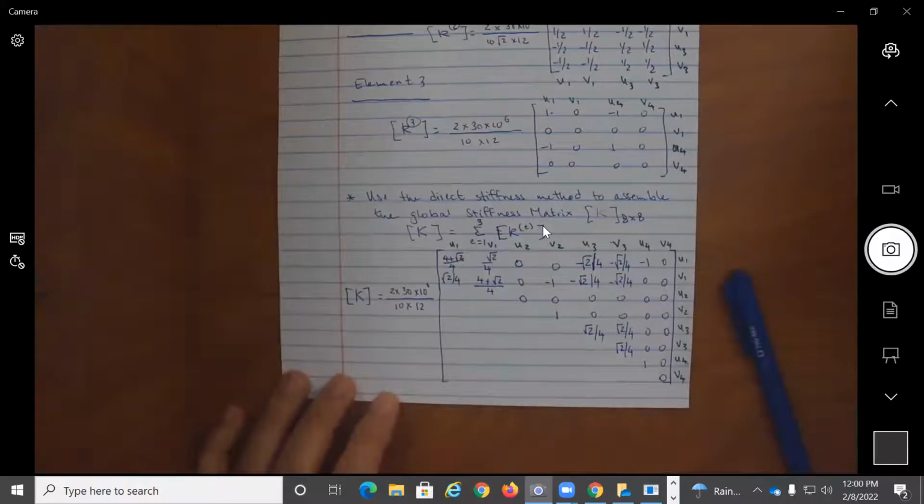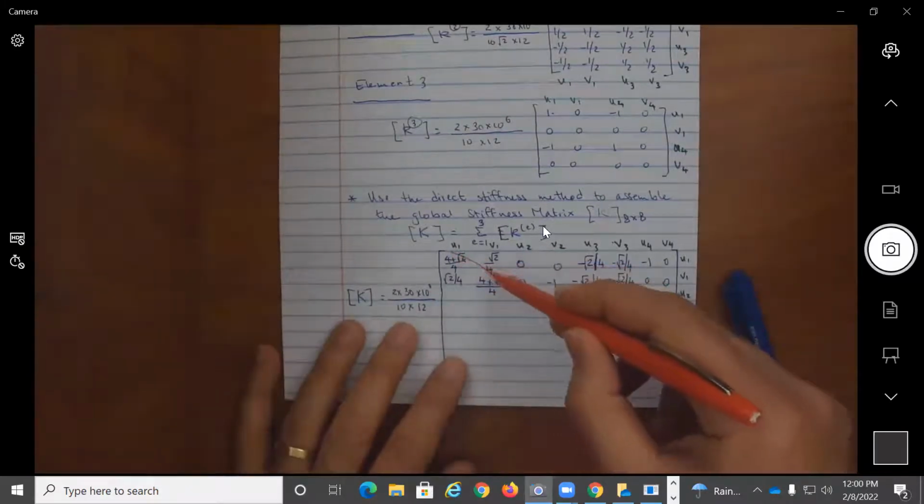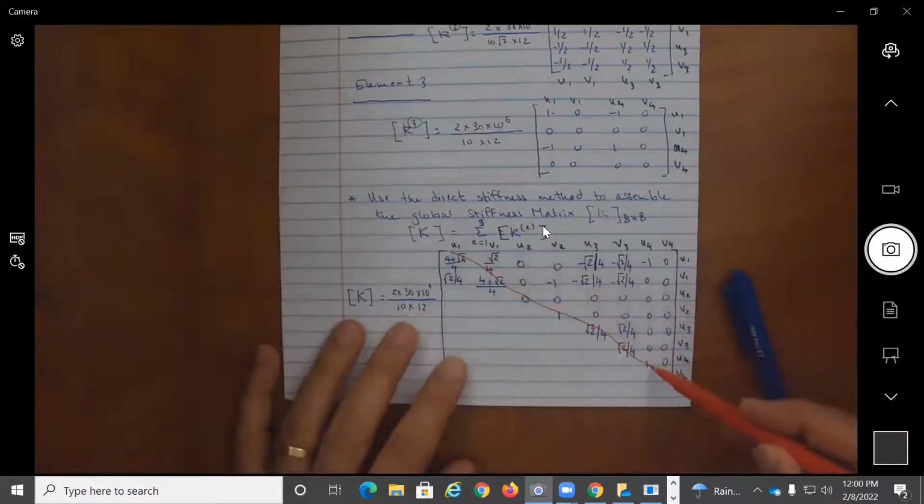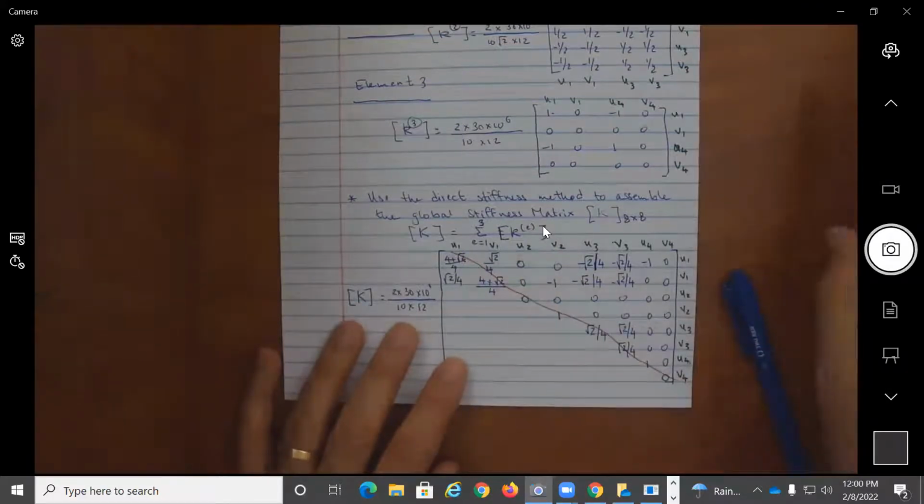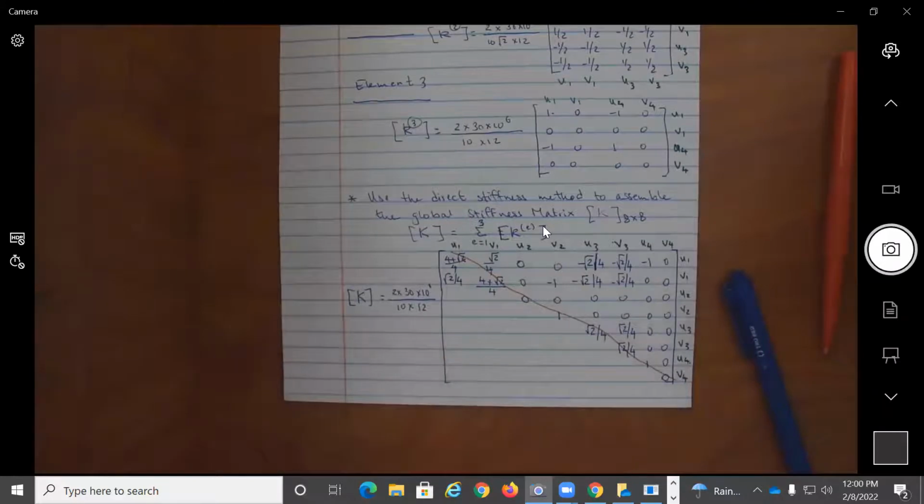Now this is my positive diagonal, and it's very easy for me to fill in everything below the diagonal using symmetry.